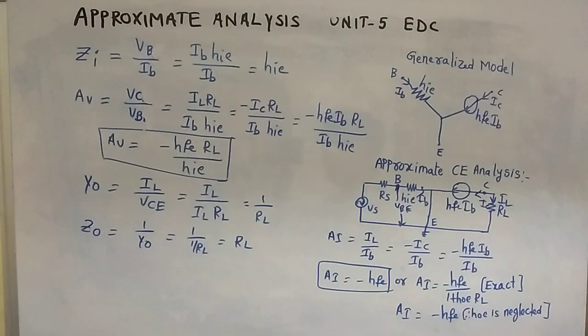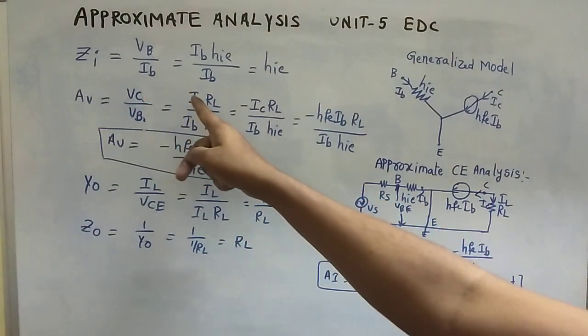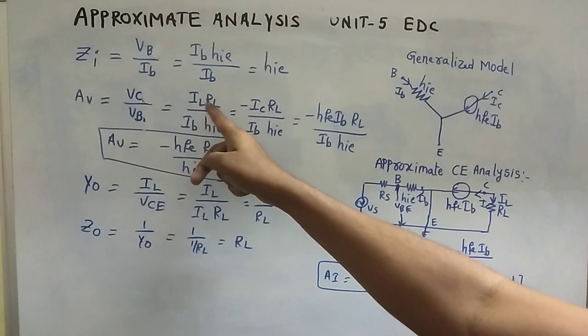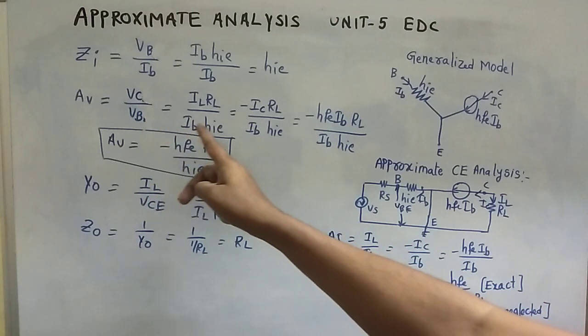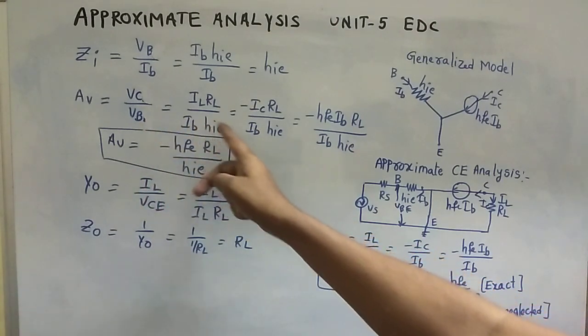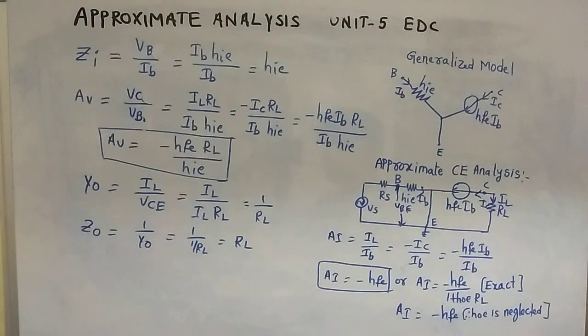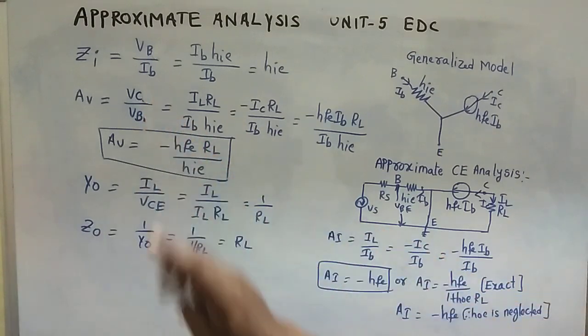V equals IR: the output voltage is the output current into the output resistance, IL into RL, divided by the input voltage VB, which is the input current into the input impedance, IB into HIE.